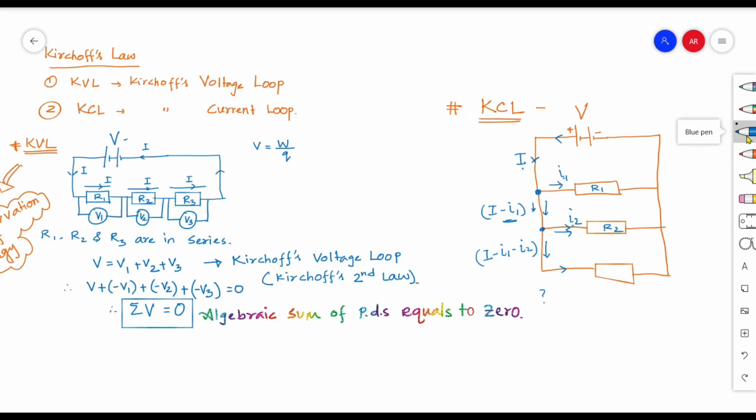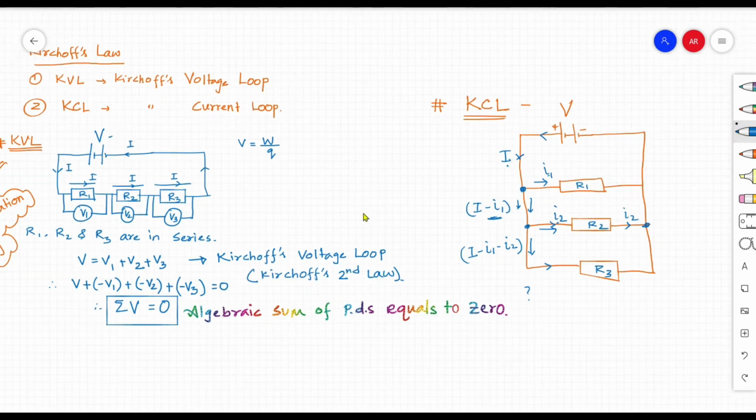So this I minus I1 minus I2, we can consider to be another variable I3. It is flowing through this R3 resistor. Okay, we'll assign I3 for the R3 resistor later on.